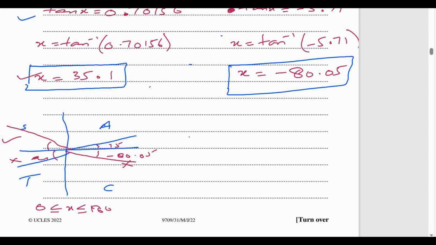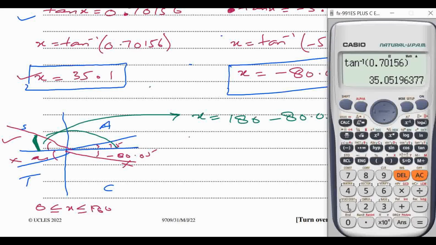ये मैं इसको 3 से शो कर देता हूँ. ये एंगल फाइंड करने के लिए अब हम क्या करेंगे, वी विल डू दीज स्टेप्स. ये एंगल हमें पता है और कंप्लीट एंगल ये फाइंड करने के लिए हम क्या करेंगे. सो 180 minus 80.05.